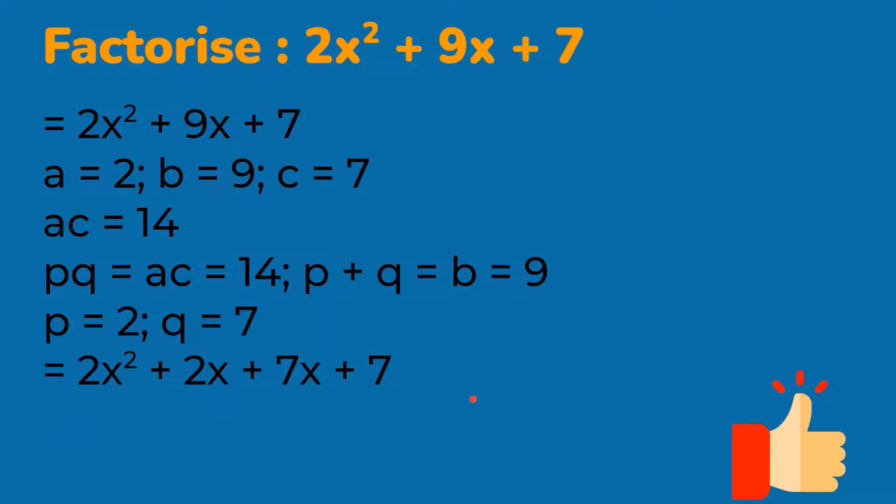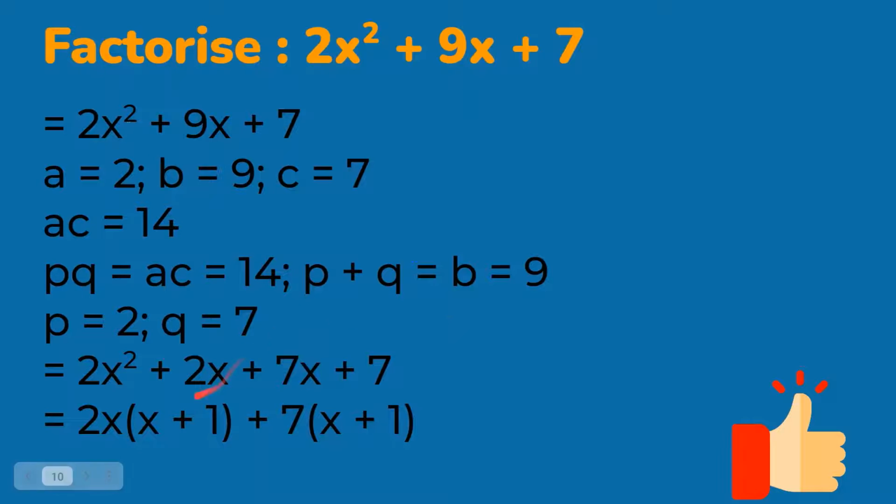We'll first take into consideration the first two terms and take 2x common in them. Then we'll take the last two terms and take 7 common in them. If you have watched my previous video, you must know that taking common means finding the greatest common factor of the given terms.